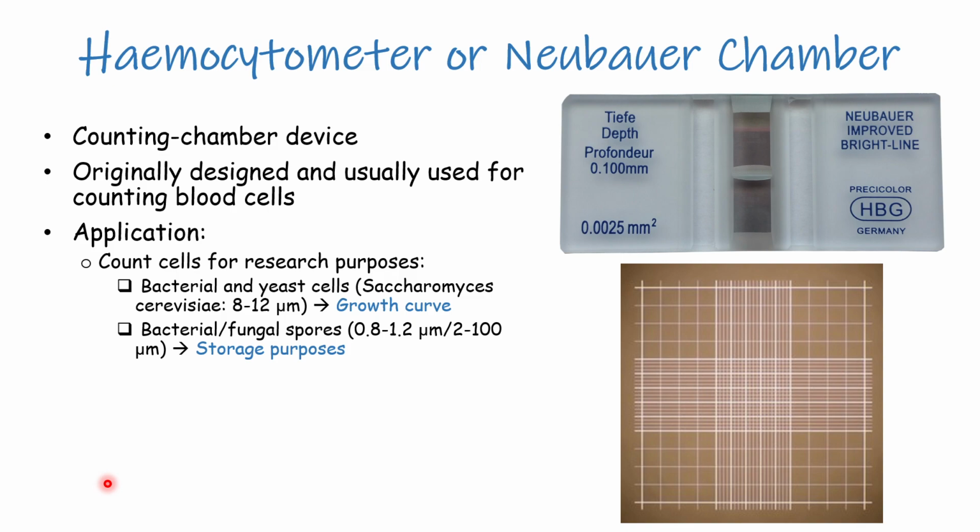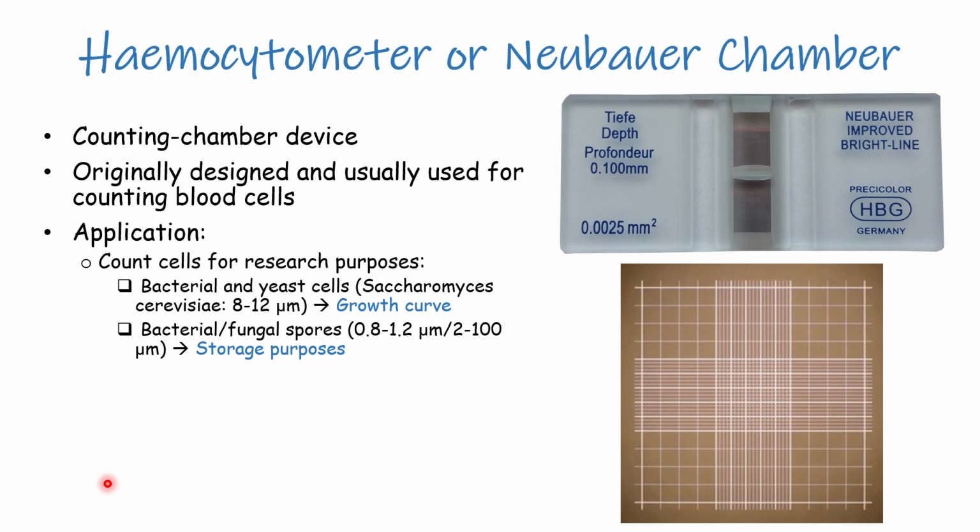Another advantage of using the haemocytometer is it allows us to count spores, bacterial and fungal spores. Scientists, we collect and store our samples, right? And sometimes we would like to store our bacterial and fungal samples in the form of spores.